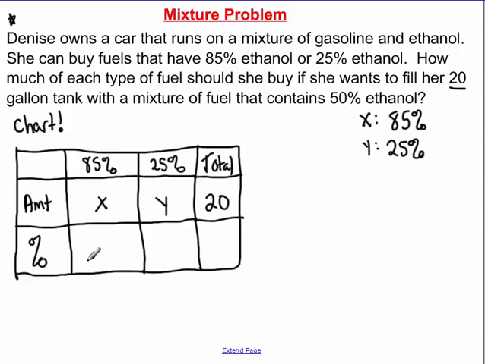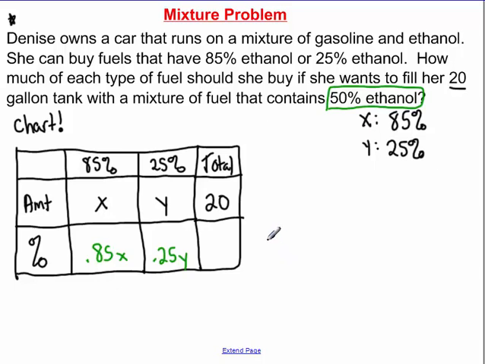And then the percentages. So she needs a 50% ethanol fuel. She has one that's 85%: 85% of these X gallons are ethanol. 25% of the Y gallons are ethanol.